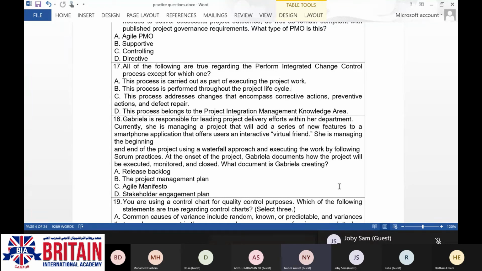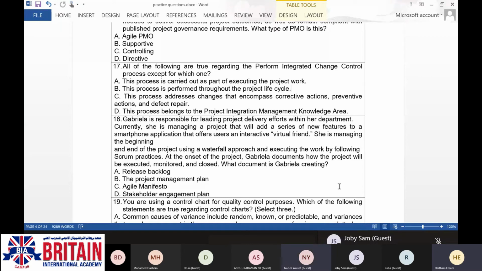This process is carried out as a part of executing the project work. First of all, read the question again. All of the following are true regarding the perform integrated change control process, except for which one? So you have been told that all are true except one, and you are requested to select the wrong one.